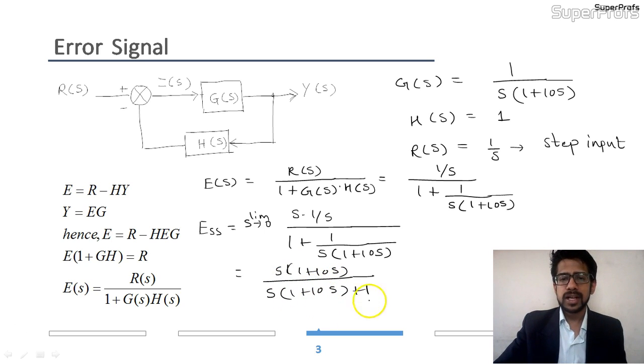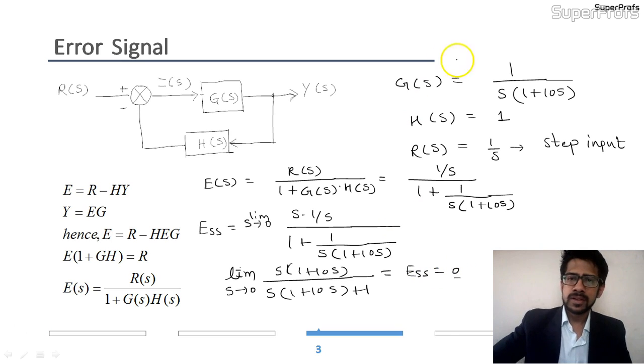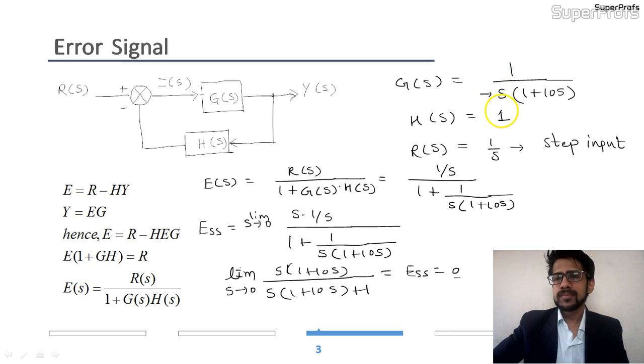Now calculating this value for limit s tending to 0, if you put s equal to 0 now, we will get ESS equal to 0. So in this particular problem, our steady state error is 0. So for a type 1 system and the step input, you get steady state error to be 0.